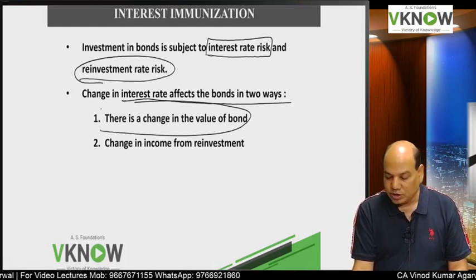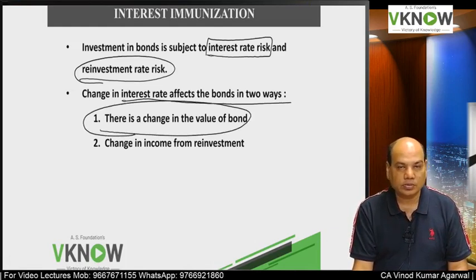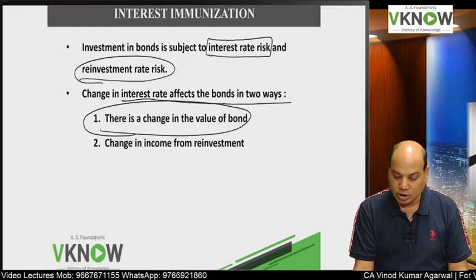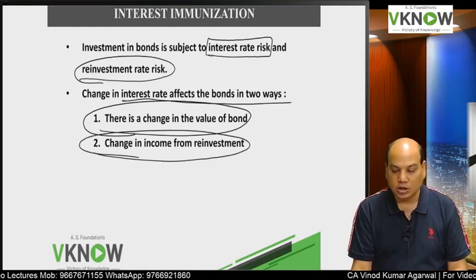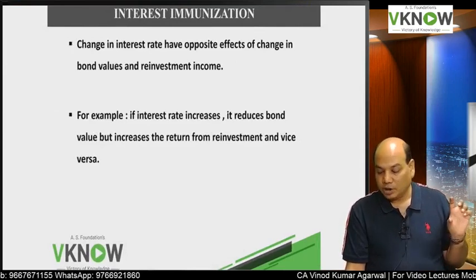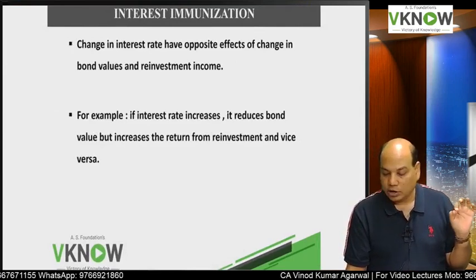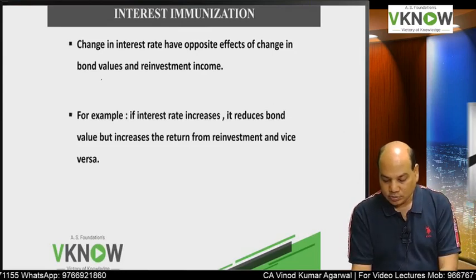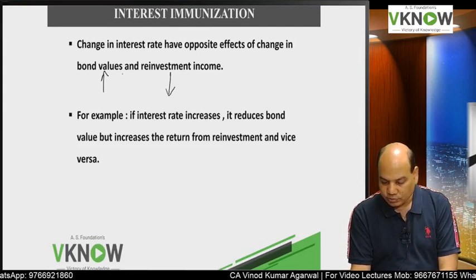There will be a change in the value of the bond, as we have seen in the last so many questions, and there will be a change in the income from reinvestment. A change in the interest rate has an opposite effect on the bond value and reinvestment income. So if this goes up, this goes down. If this goes down, this goes up.